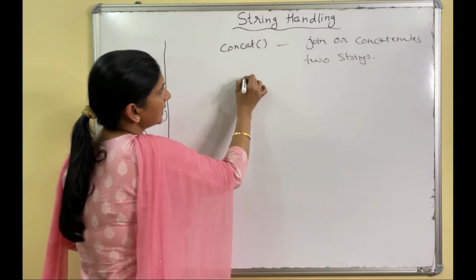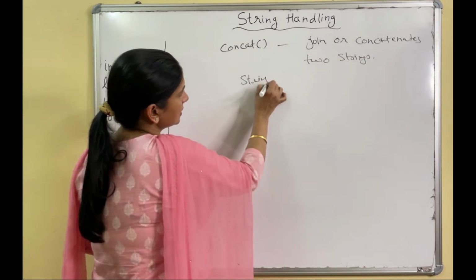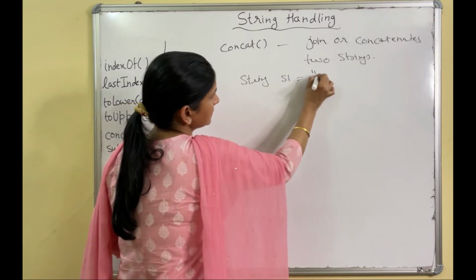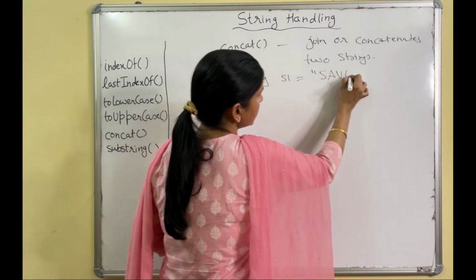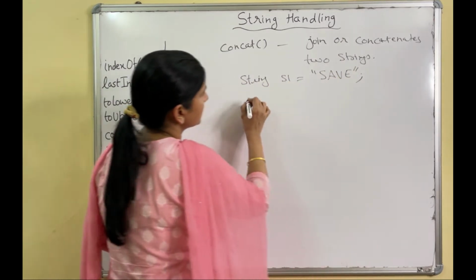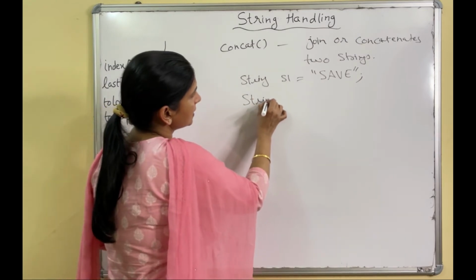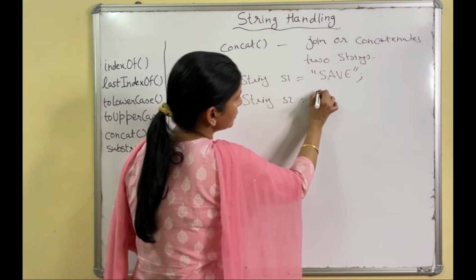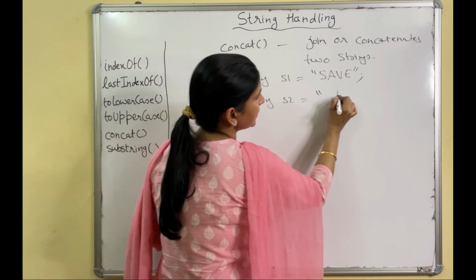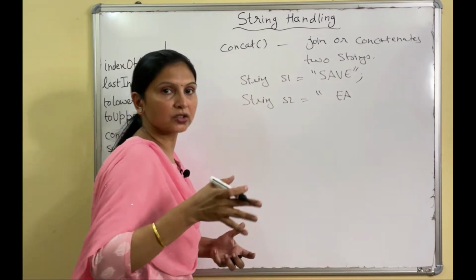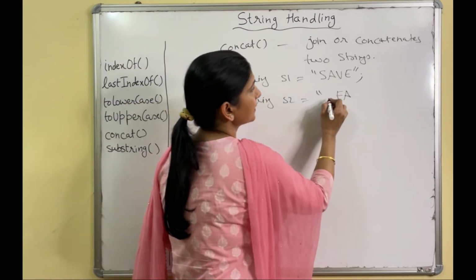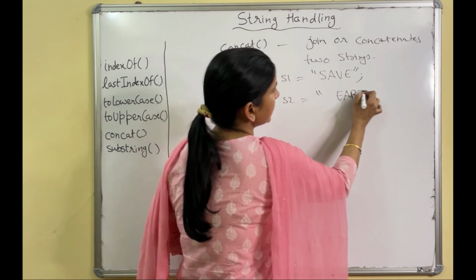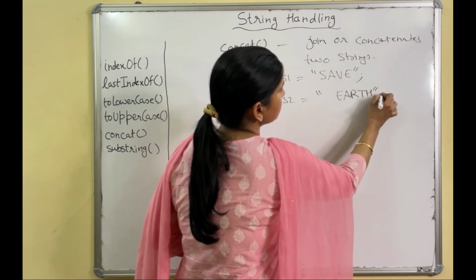Like string s1, and string s2 with one space, so that after concatenation there should be one space. So here I have given one space, and the second string is earth.